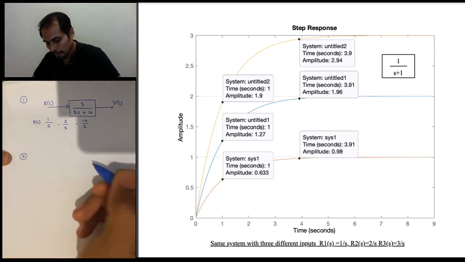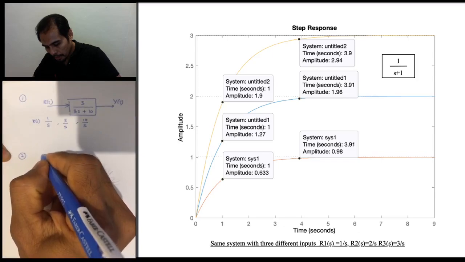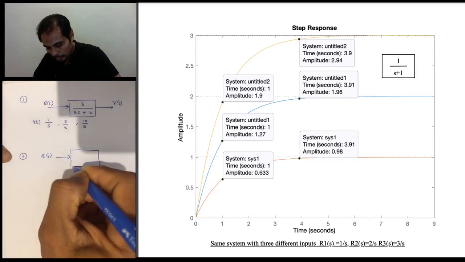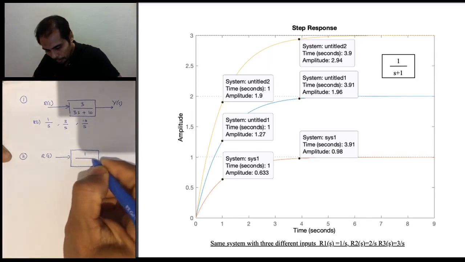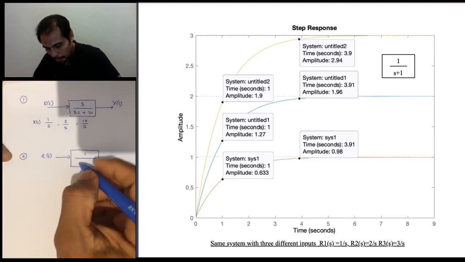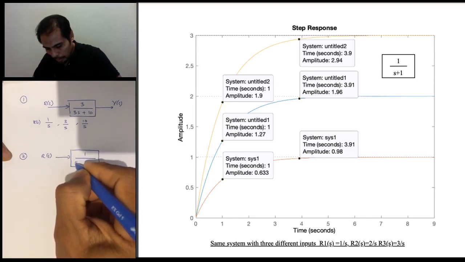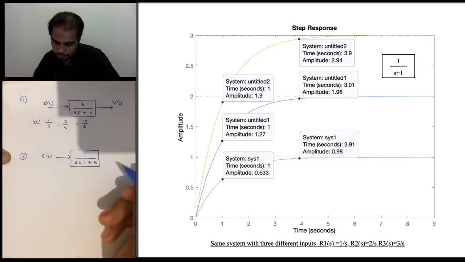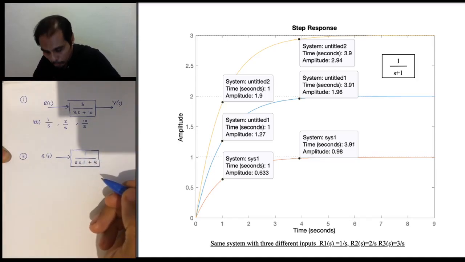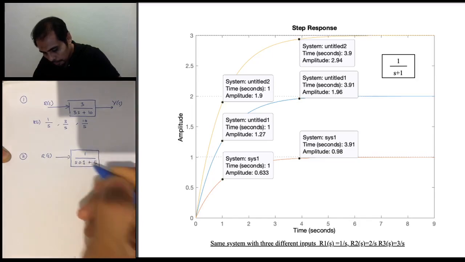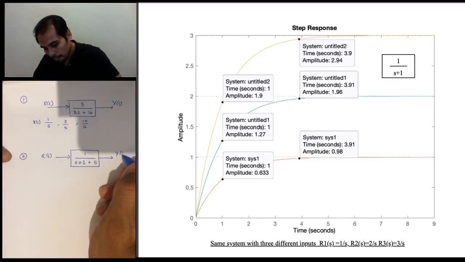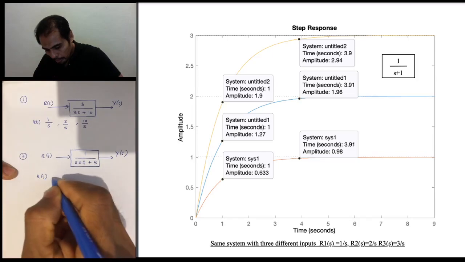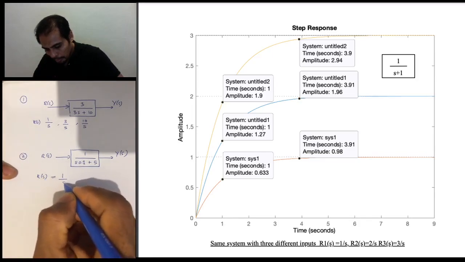Number 2, we have a second system. Okay, this is 1 over, maybe, s 0.1 plus 5, yeah, s 0.1. So in this case you just apply a step input, 1 over s.